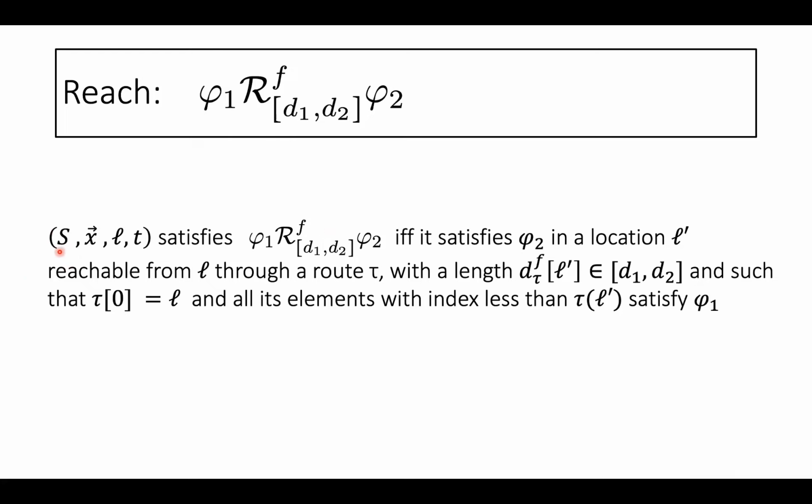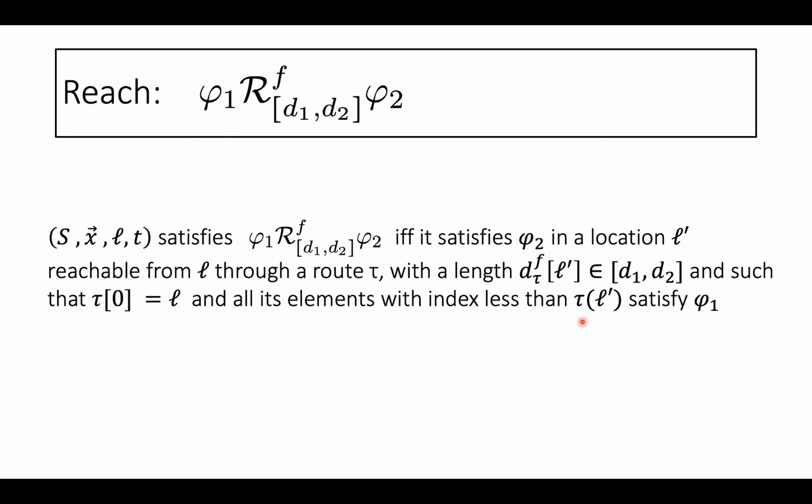considering a spatial system S and a spatio-temporal trajectory X, we say that the system in location L at time t satisfies the reachability property if and only if it satisfies phi2 in a location L prime that is reachable from the location L through a route with a length that belongs to d1 and d2.